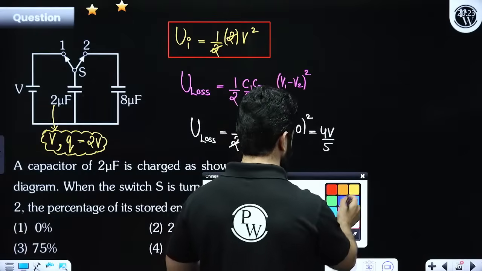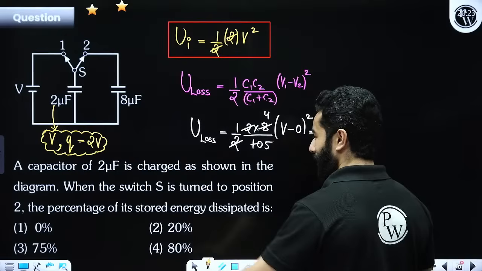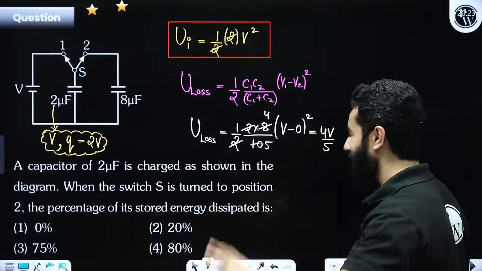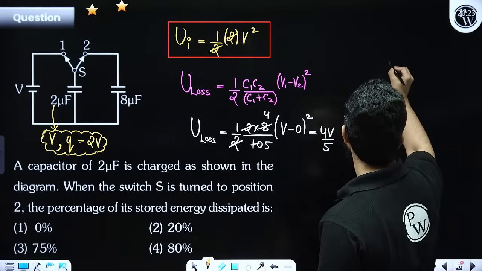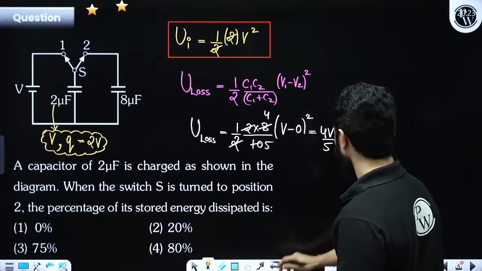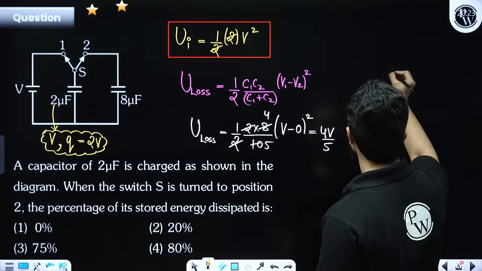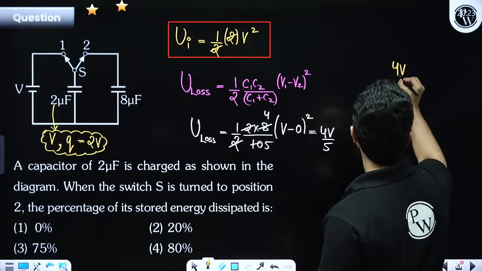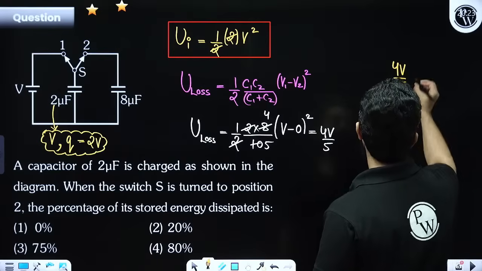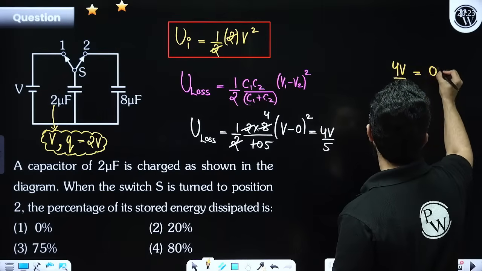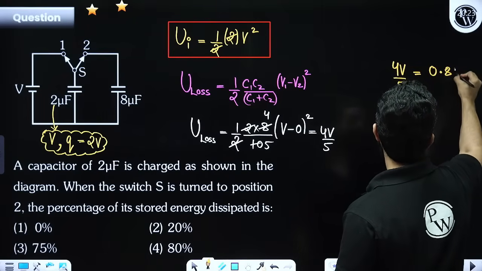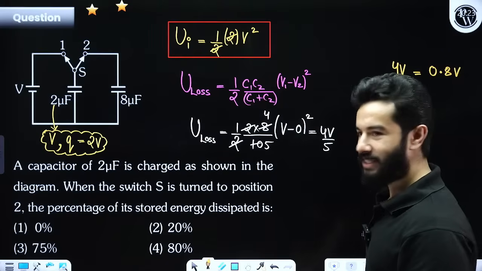If somebody is asking you the percentage of stored energy dissipated, what you need to do is take the energy lost. Energy lost is 4V square by 5, which can be written as 0.8 V square.